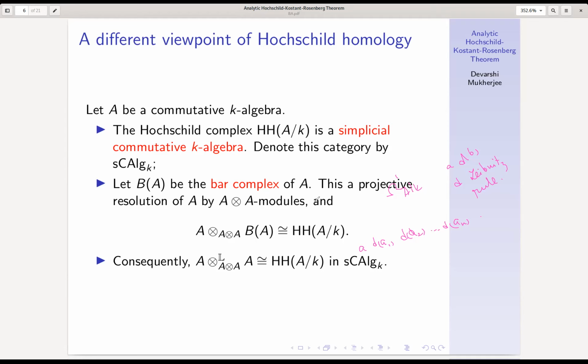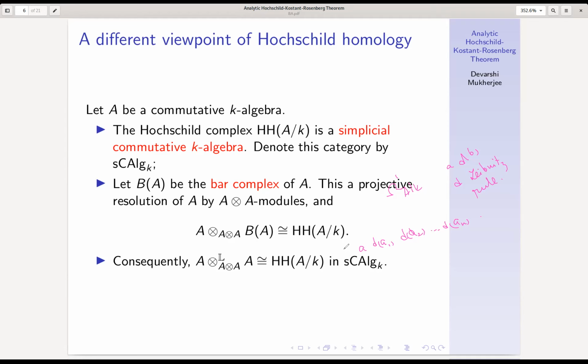Okay, now the next thing is, moving on, what I spoke about previously when I defined this explicit chain complex that computes Hochschild homology. There's a slightly different way of writing this. You can define what is called a bar complex.